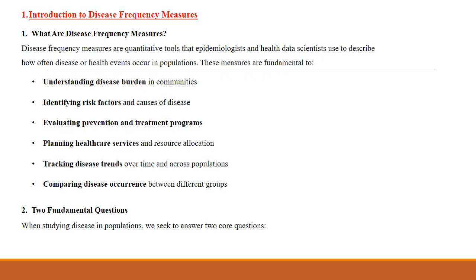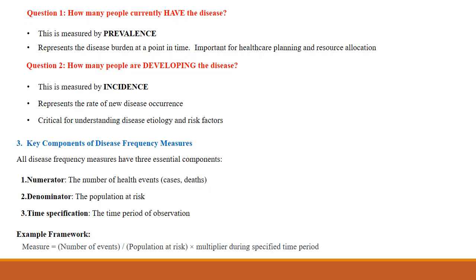Question number one is how many people currently have the disease. This is measured by the prevalence. It represents the disease burden at a point in time. In all these measures, time is very important. We will discuss with examples further. It is important for healthcare planning and resource allocation.